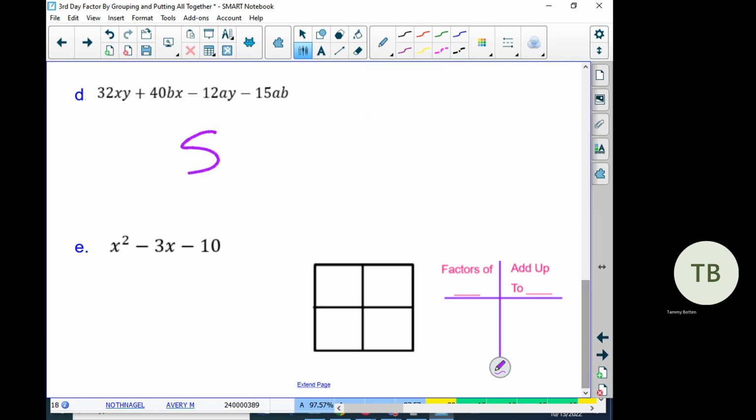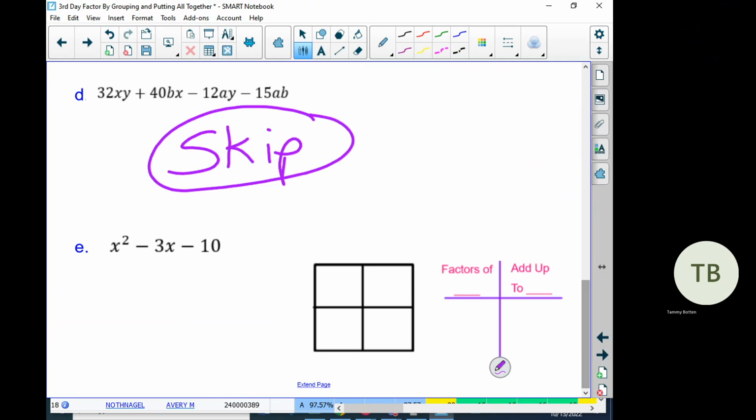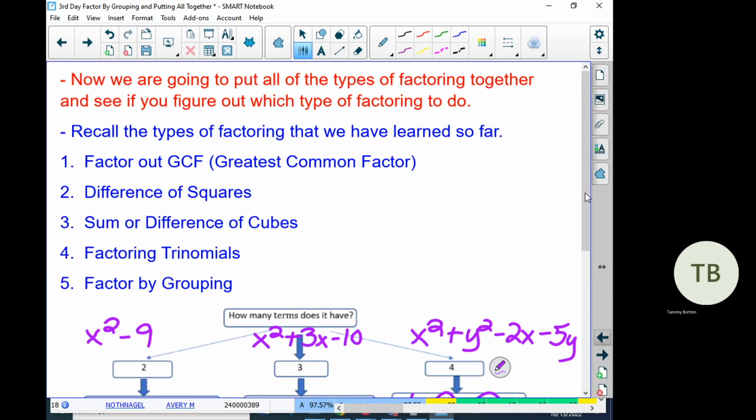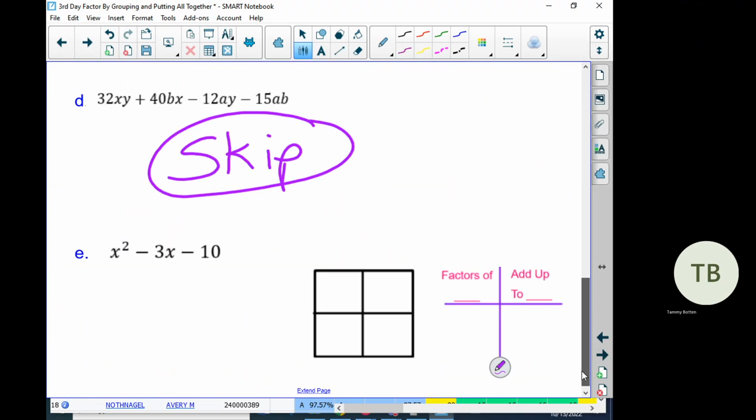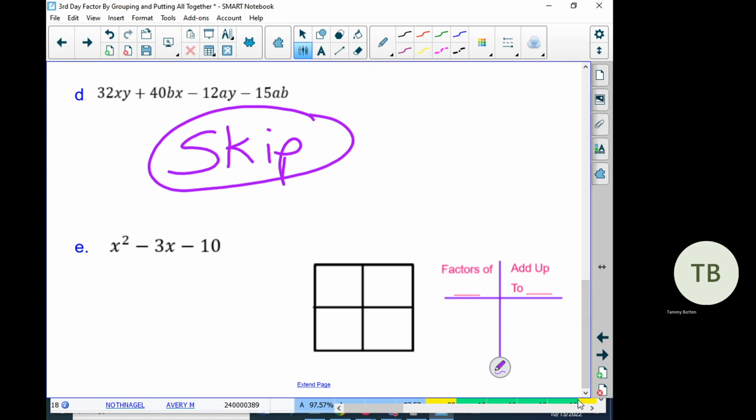So we'll skip this one. This one has 3 terms. And when it has 3 terms, if you look back, you check if you can factor something out, and then you do the box and this. I kind of spoil it because I put the box and this there when it's a trinomial.